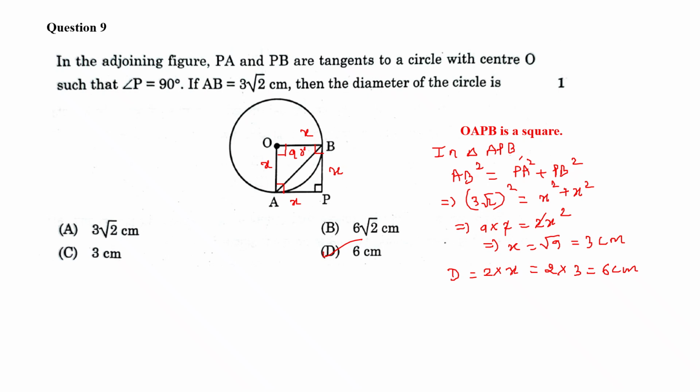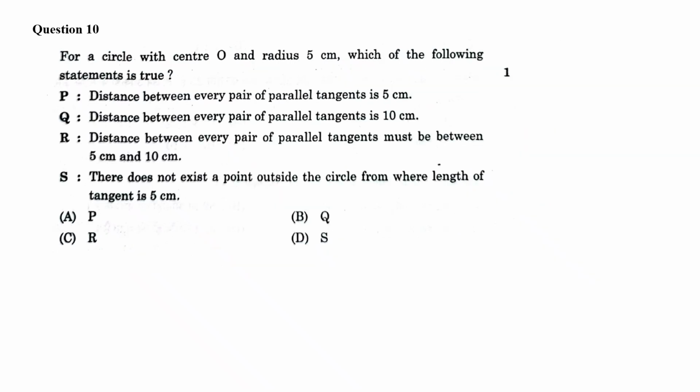Now moving to question number 10. For a circle with center O and radius 5 centimeter, which of the following statements is true? Okay, so there is a circle, and the radius is given as 5 centimeter, so I am taking OT as 5 centimeter.